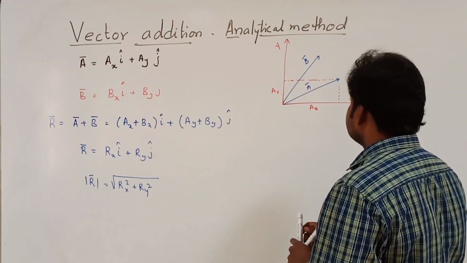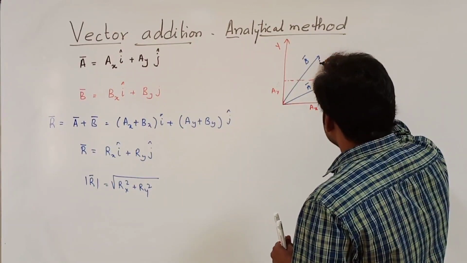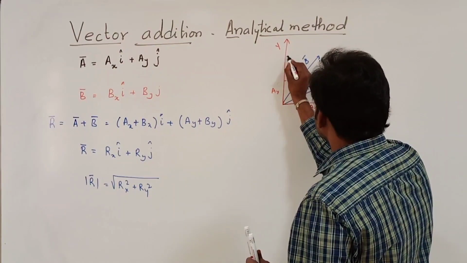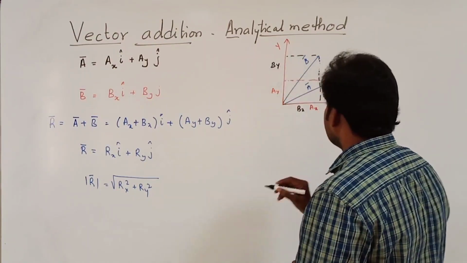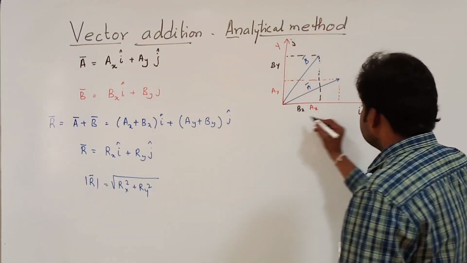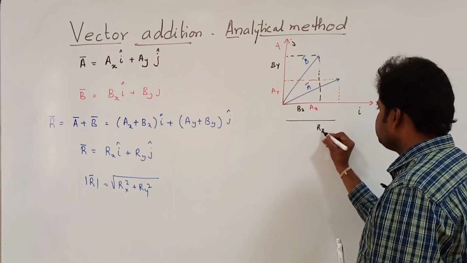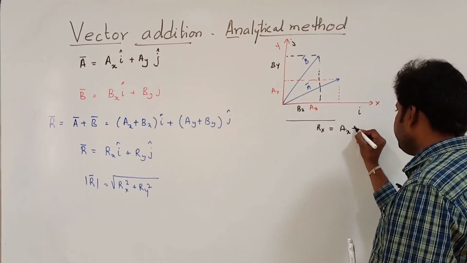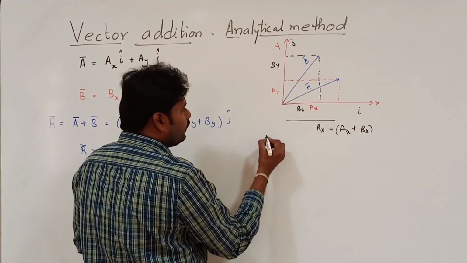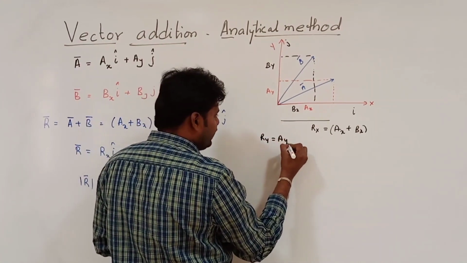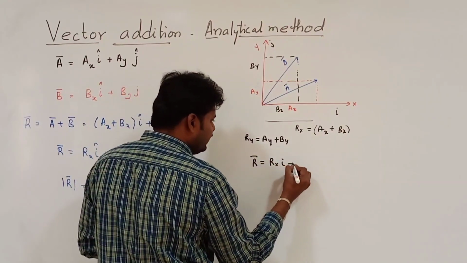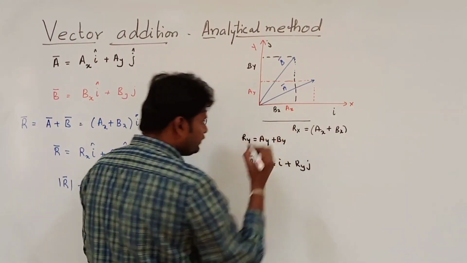Similarly, this is vector B, the Bx component, and this is the By component. The resultant, of course, is pointing along i and along j. This is a combination, Rx is equal to Ax plus Bx, and Ry is equal to Ay plus By. Vector R is equal to Rx i plus Ry j.